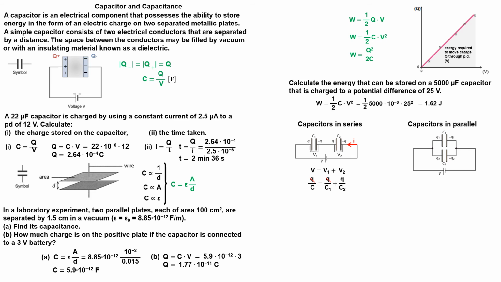Using the definition of capacitance, we get the total capacitance of the series combination. In series, the reciprocal of the total capacitance is equal to the sum of the reciprocals of each capacitance.